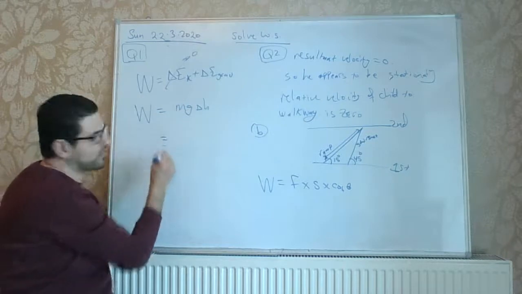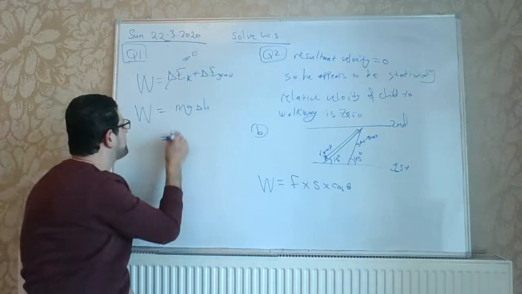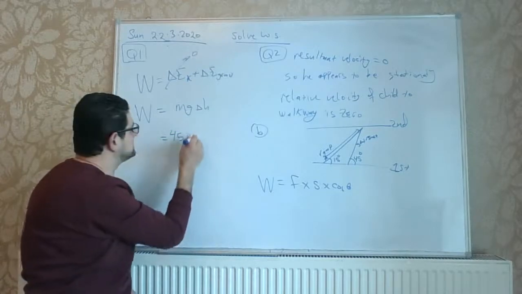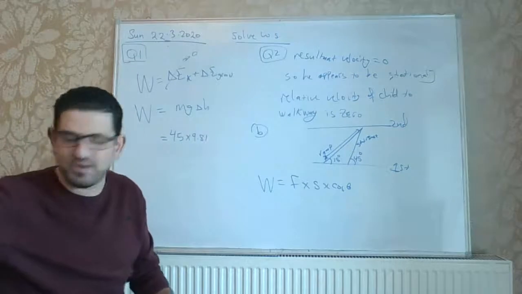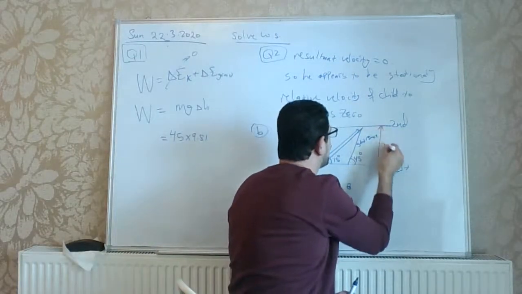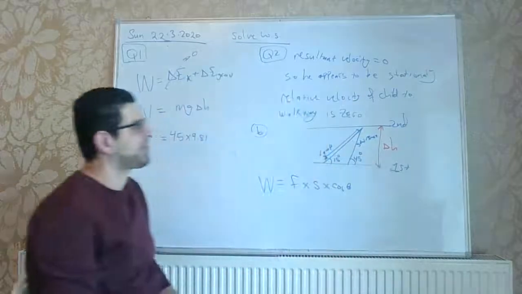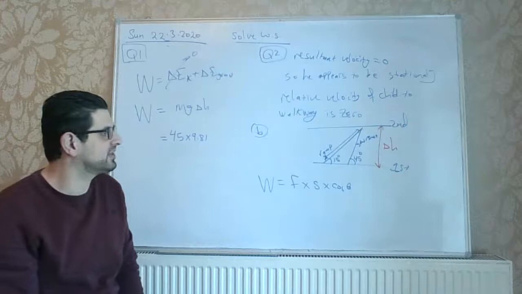We have the mass. The mass is 5 kilograms. G is 9.81. Now the problem is the height. How much is the height? This is the height. Now we don't know what the height is. How do we calculate it?